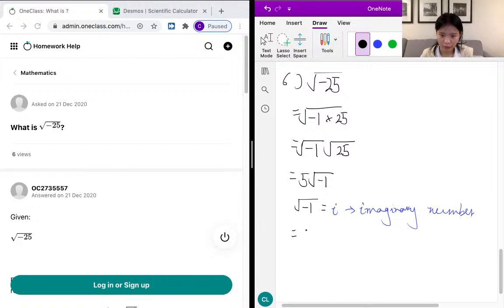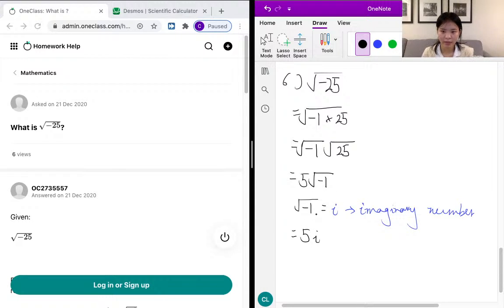Okay, so we know that the square root of negative 1 is i, so 5 root negative 1 is just 5i. You can leave it at 5 root negative 1, but you never really do that, because we use i to represent the square root of negative 1 in math.